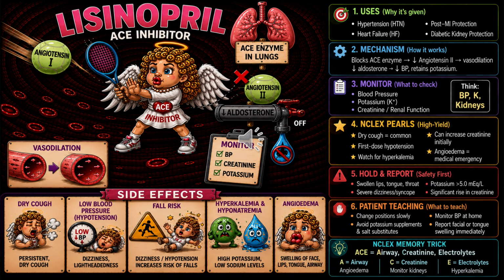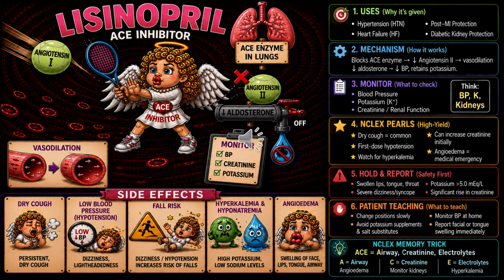Okay? Just to reiterate, because angiotensin 1 is not turning into angiotensin 2, the real form that causes vasoconstriction, we're going to have vasodilation across the board, which is going to help with decreasing that blood pressure. It's also going to cause aldosterone release to be lessened.